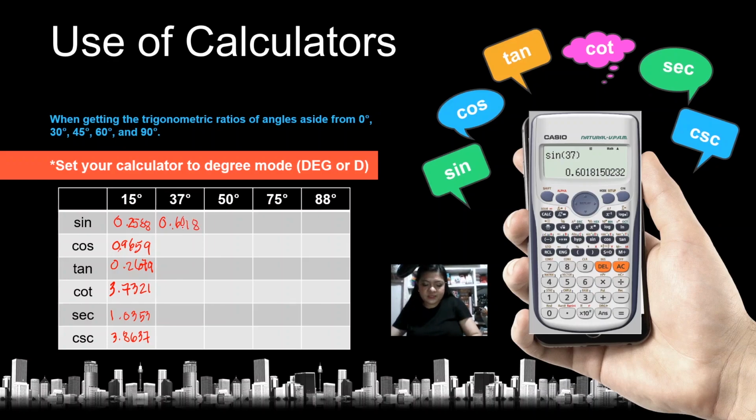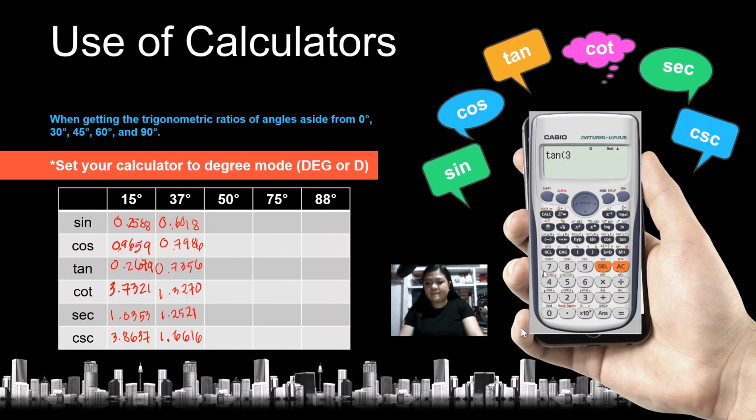Then cosine 37 degrees, when we input it in the calculator, we will just type cosine 37. So that will be 0.7986.